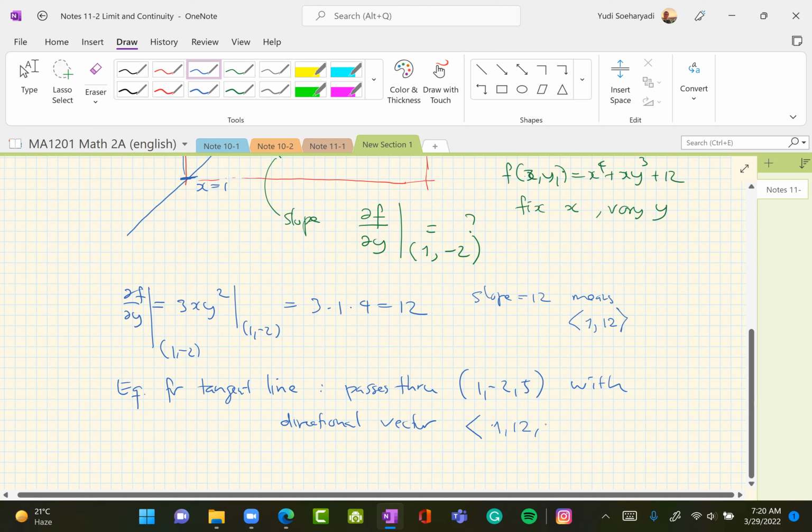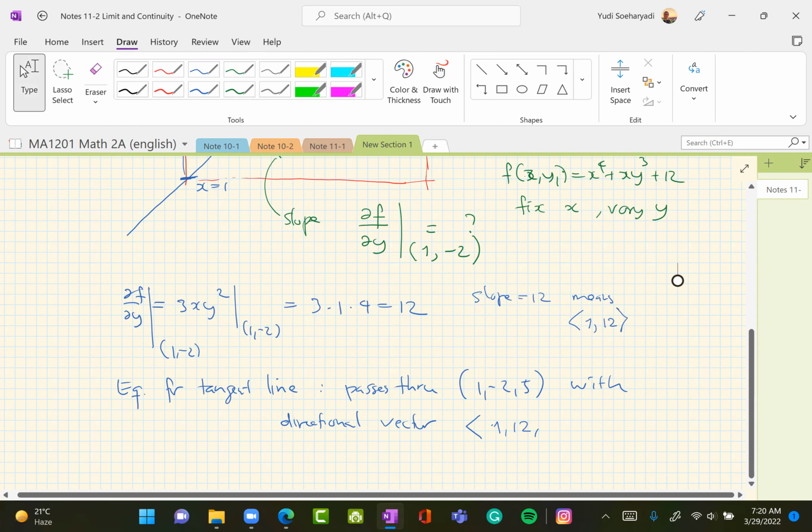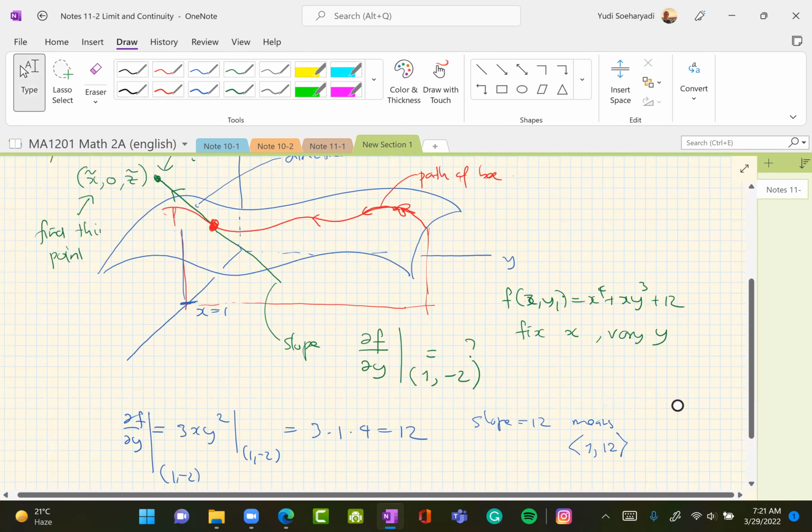See, what's wrong with this one? I slightly forget this. This is z.